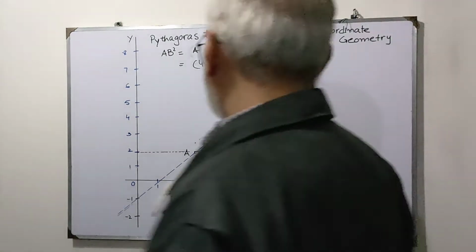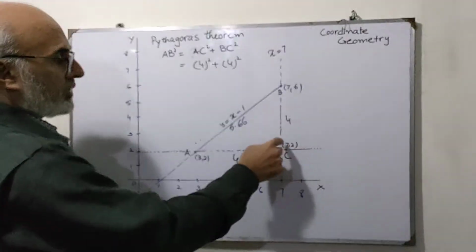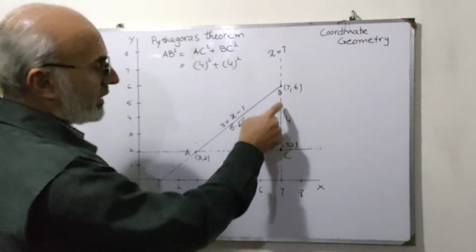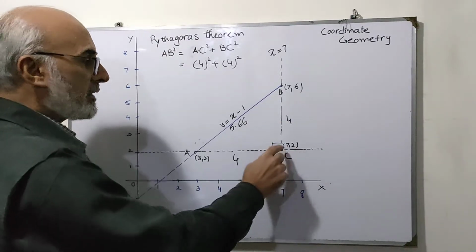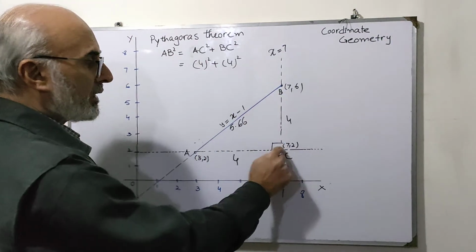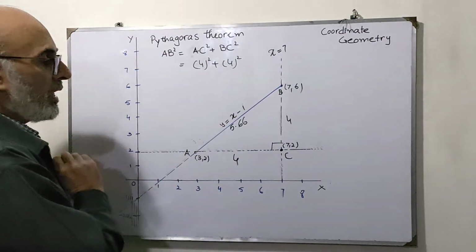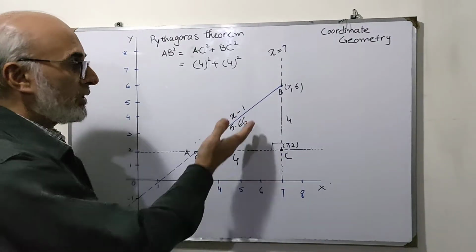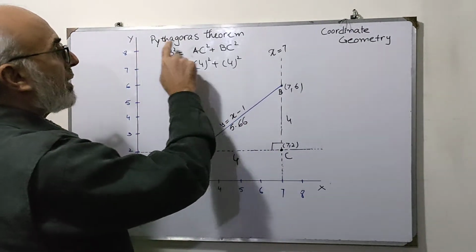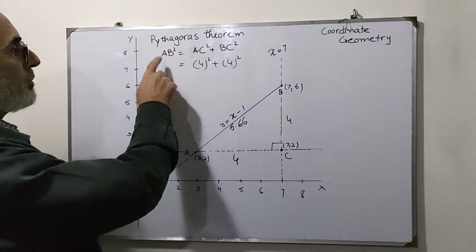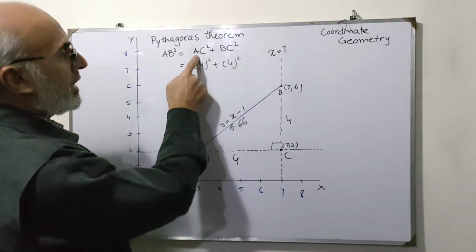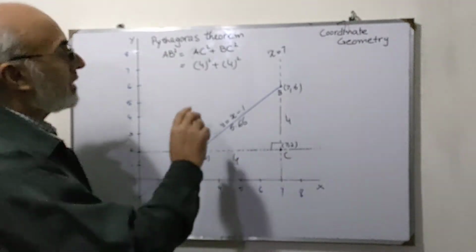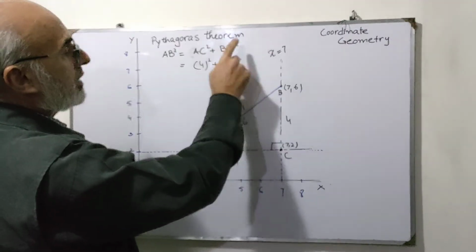Okay, if we see this triangle ABC, this is a vertical line, so it's making a 90 degree angle with AC. BC is making a 90 degree angle with AC, and this AB, since it is opposite to the 90 degree angle, is the hypotenuse. So we apply the Pythagoras theorem here, which is AB square, hypotenuse square, is equal to AC square, which is base, right, adjacent side, plus BC square, the perpendicular.